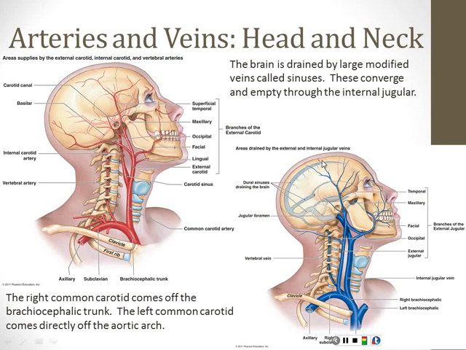Another way to think of the brain is it's supplied from the center, so the arteries go into the middle of the brain, but the veins come out of the edges, out of the outside. So we have the dural sinuses here draining the brain, and then eventually those all emerge through the jugular foramen into the jugular vein, and then down into the subclavian vein. All right.